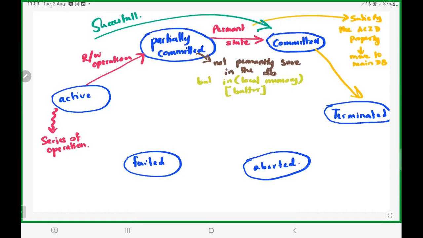Or there can be failures also. Then the transaction will be failed. Right? Even after partially committed, they can fail.